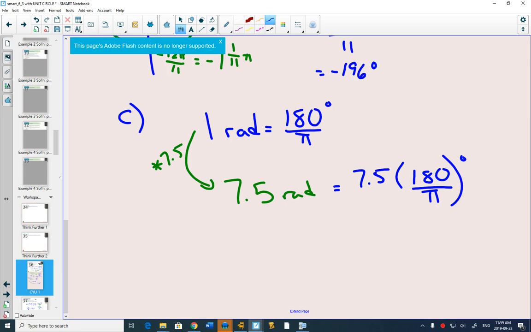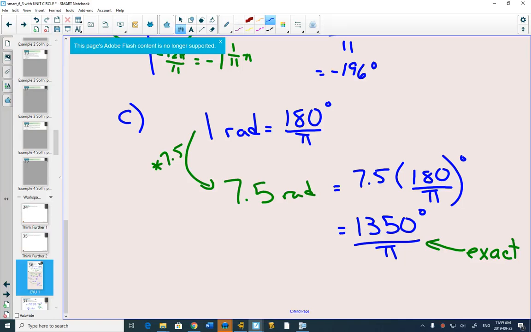If I wanted to leave this as an exact answer, 7.5 times 180, and sometimes questions will say, write an exact answer.